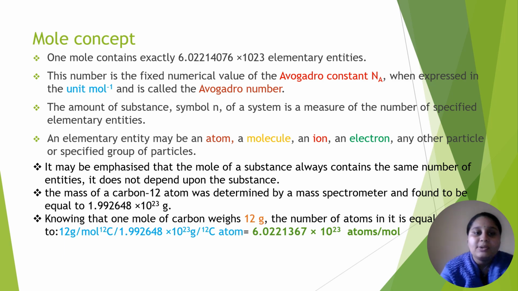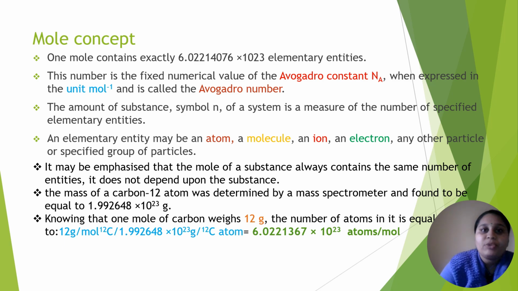The amount of substance, symbol n, of a system is a measure of the number of specified elementary entities. These elementary entities may be an atom, molecule, ion, an electron, or any other particle specified for that group. So it may also be concluded that a mole of a substance always contains the same number of entities, and it does not depend upon the substance.